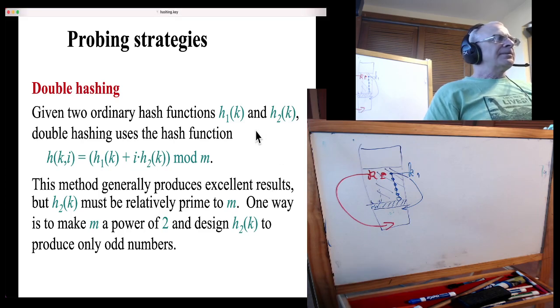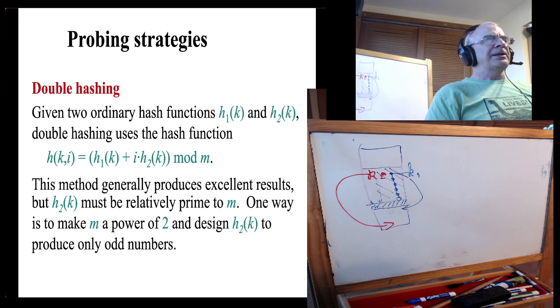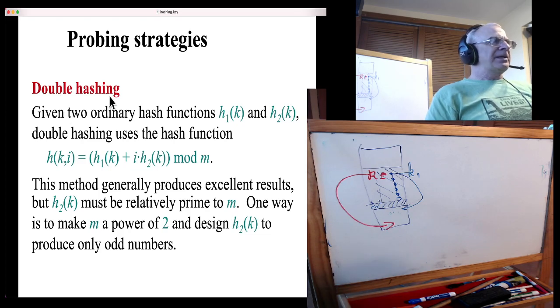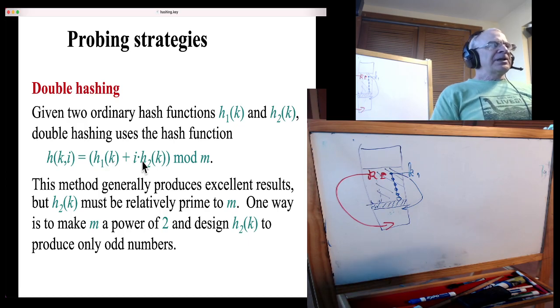And I'll ask you in the next homework to analyze how bad linear probing can be. What does double hashing tell me? Double hashing will say h1 is your first hash function. h2 tells me by how much I should jump.